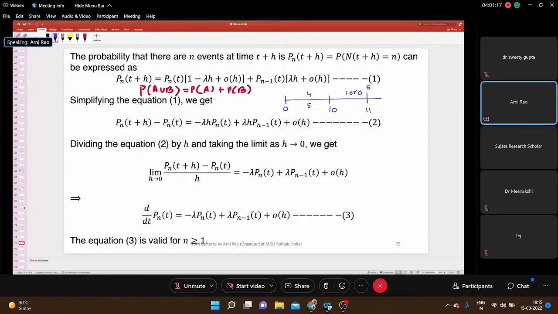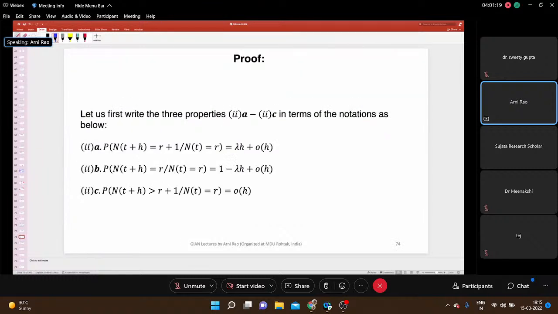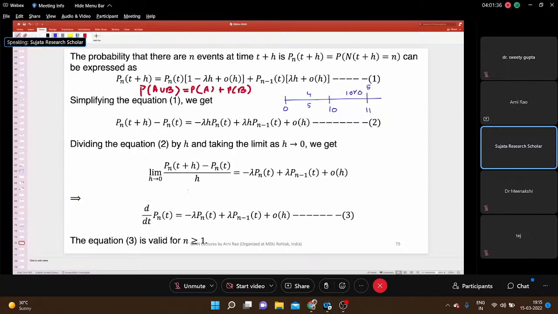By our assumptions here, more than one event is order of h. That's why I was mentioning that for small h, that will surely be 0, but there are chances, order of h. So order of h means it is not counted.